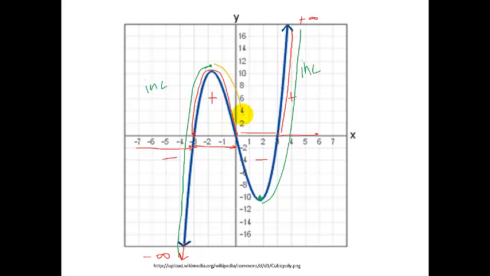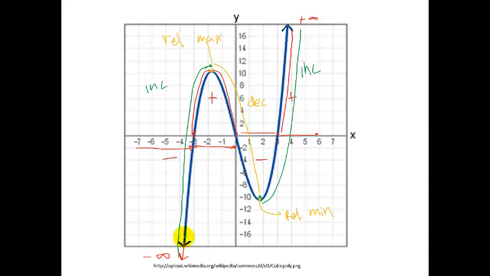From here to here, it is decreasing. Okay, and the point where it changes from increasing to decreasing, this point right here, is our maximum, relative maximum. It's not quite as high as this point over here, but it's higher than the ones around it. And then likewise right here, at the lowest point, we have a relative minimum.